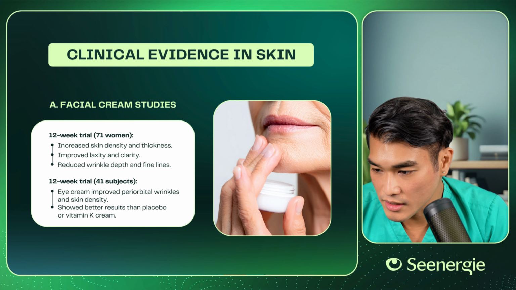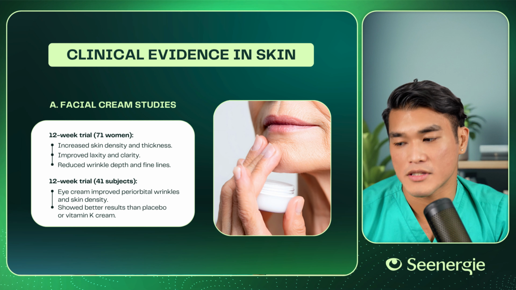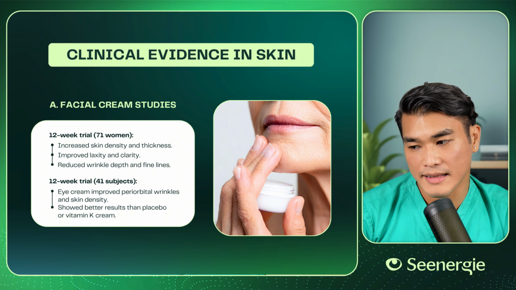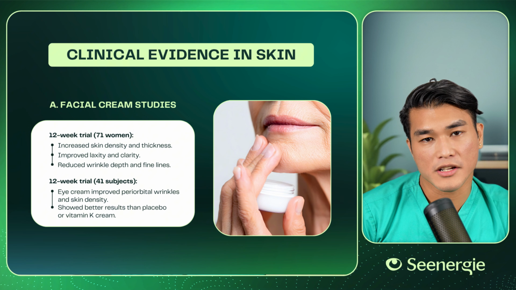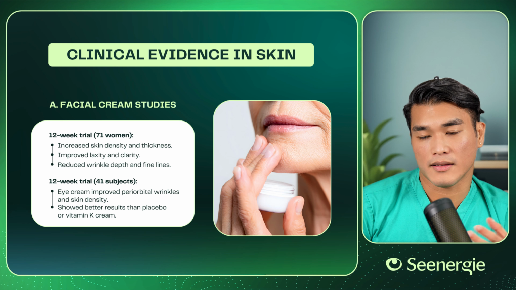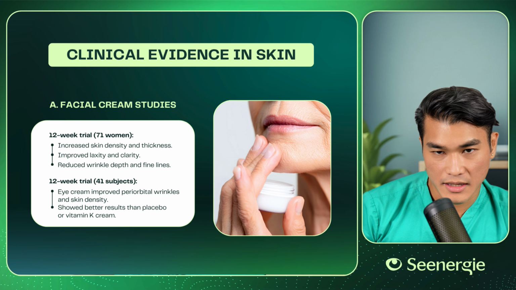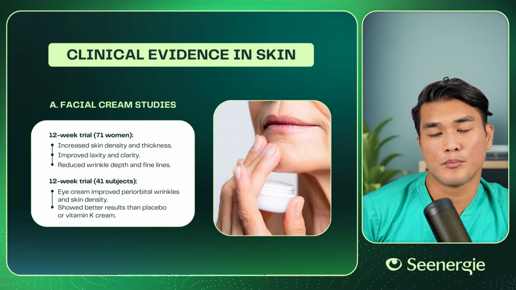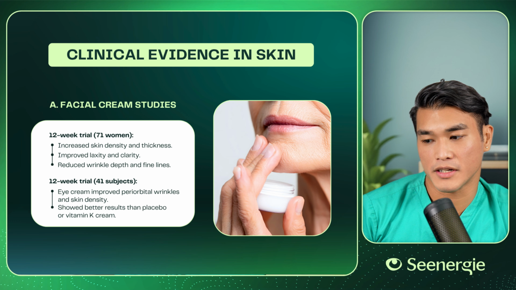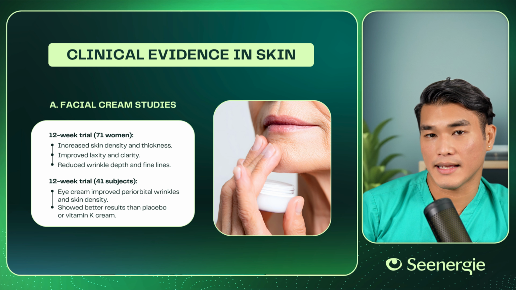There was a 12-week randomized study of about 71 women with damaged skin, and a GHK-Cu facial cream was used. After the 12-week program, they found increased skin density and thickness, improved laxity and clarity of the skin, and reduced wrinkle depth and fine lines.